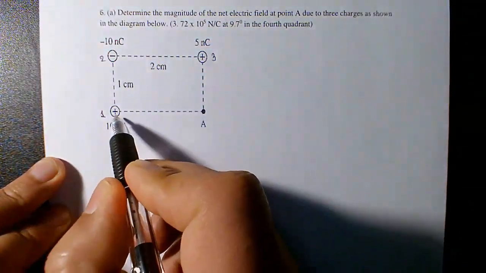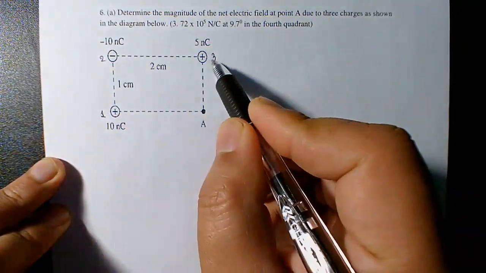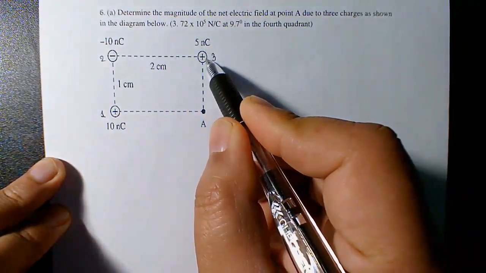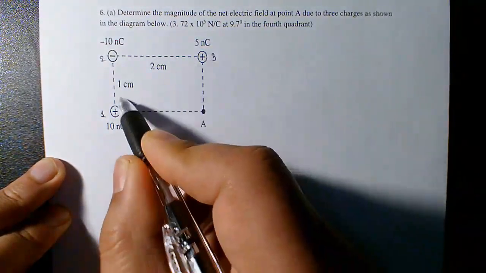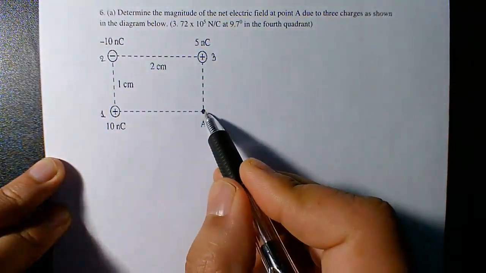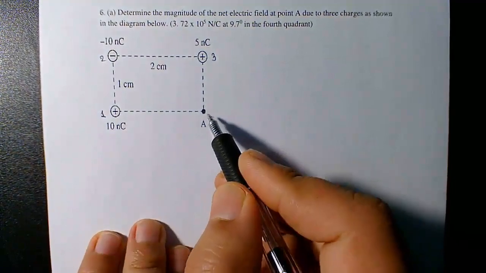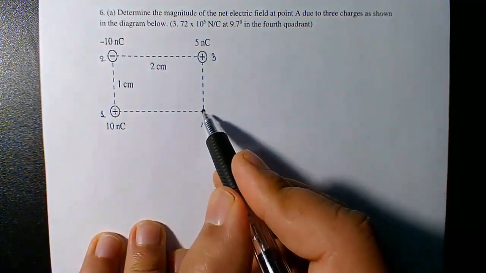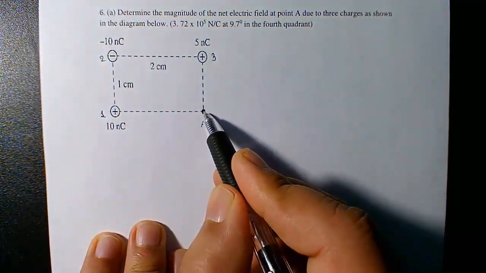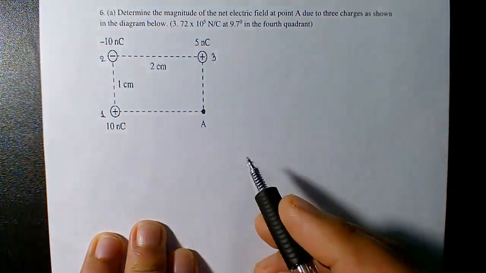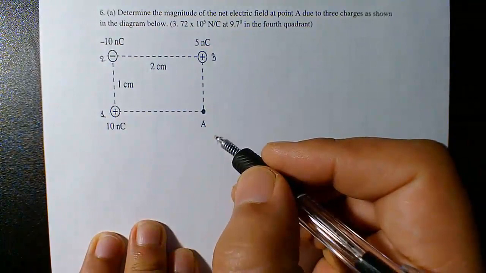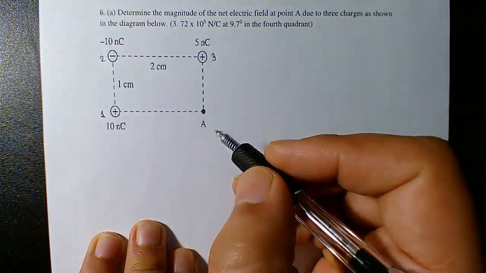They are positive 10 nanocoulombs, negative 10 nanocoulombs, and positive 5 nanocoulombs. These are the distances, and this empty space is the test point. It's asking what's the net electric field at point A due to these three charges. Just follow the rules.